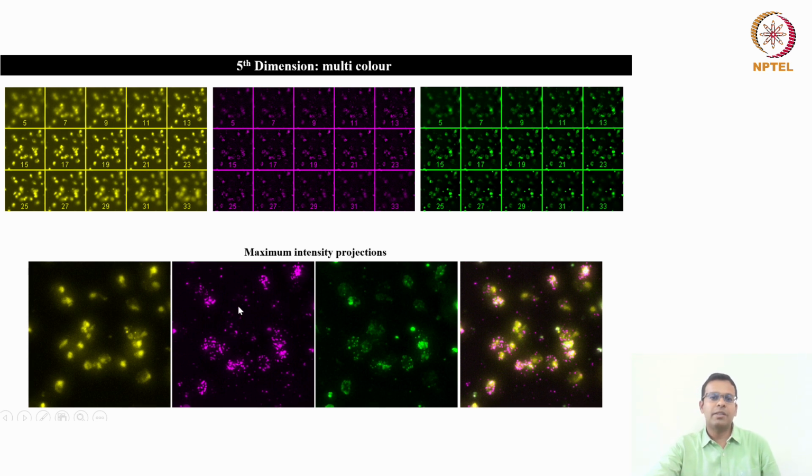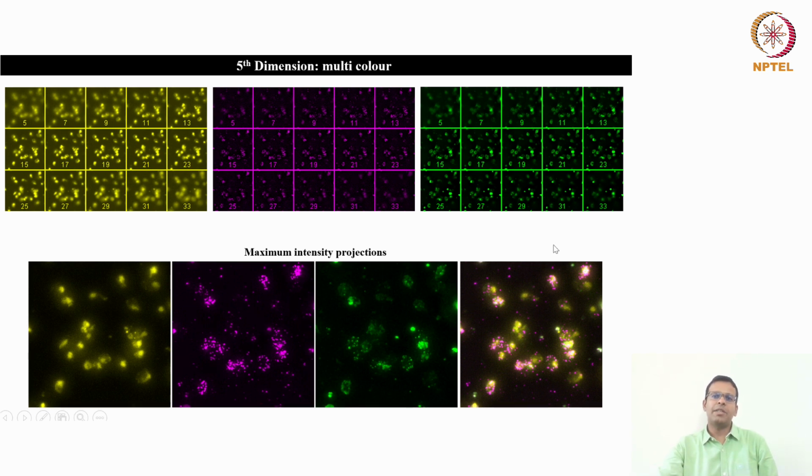The only thing is I will unnecessarily bleach my samples more and also increase the file size. So for extracting such quantitative information from biological images, you have to be very precise about determining the Z steps and the size of the Z steps.